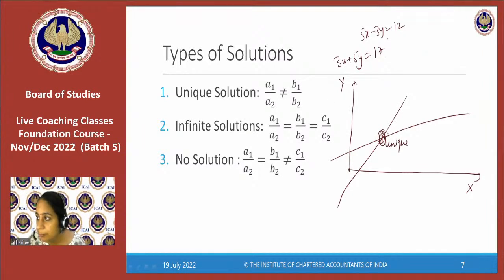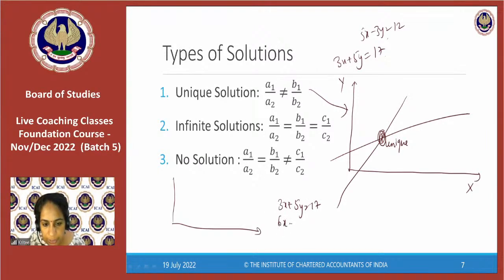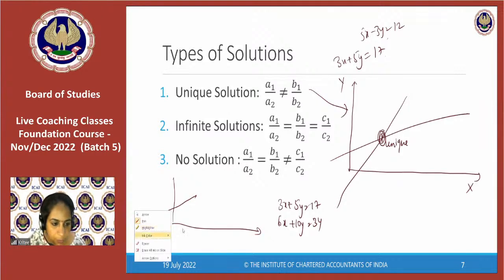This is the first case, the unique solution. But now what is happening? If you have one equation 3x plus 5y equals 17 and another equation 6x plus 10y equals 34, when you make a line for 3x plus 5y, supposedly it is like this. The line for 6x plus 10y would be looking like this.